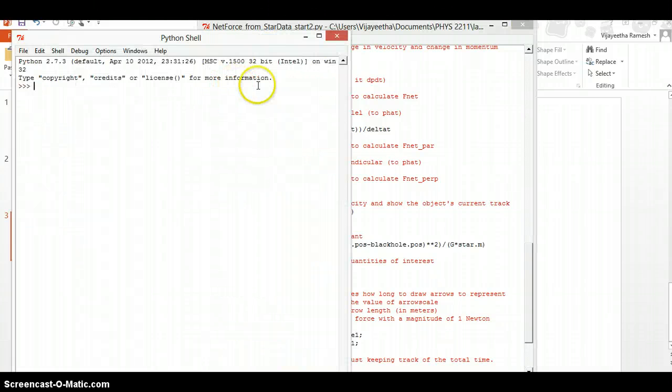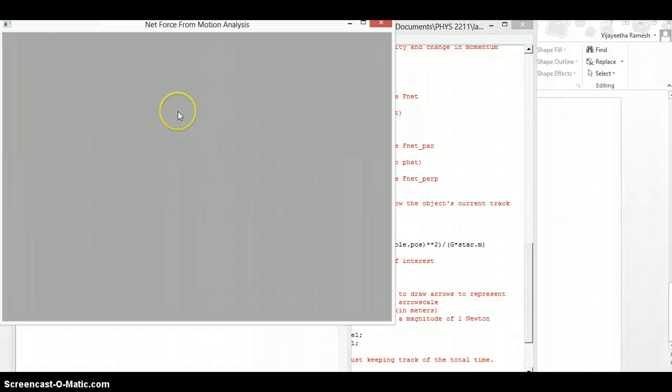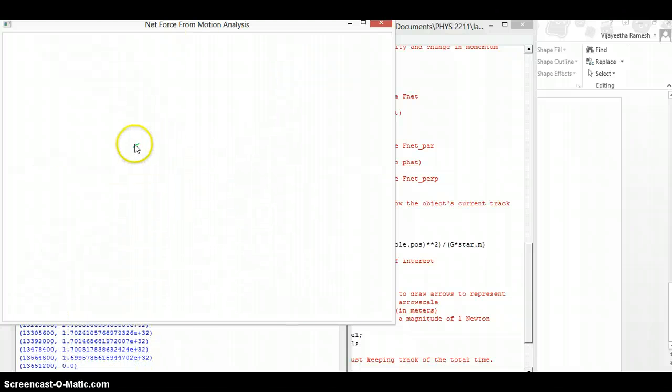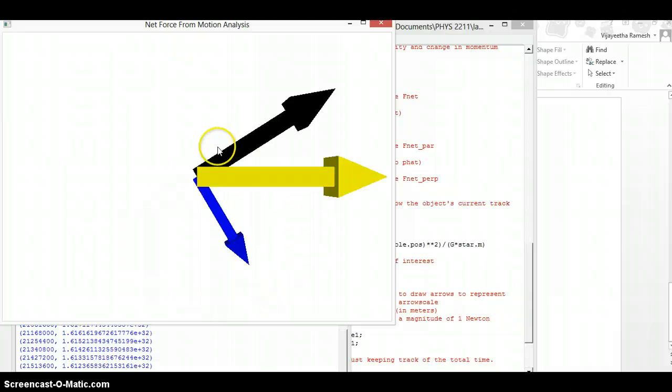only this green curve shows up as it slowly runs.